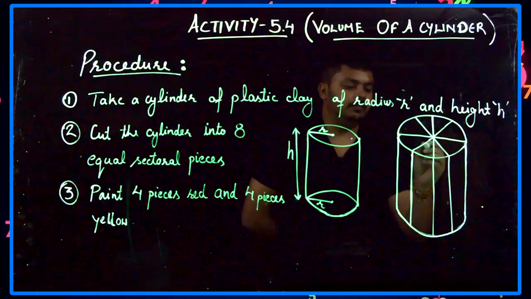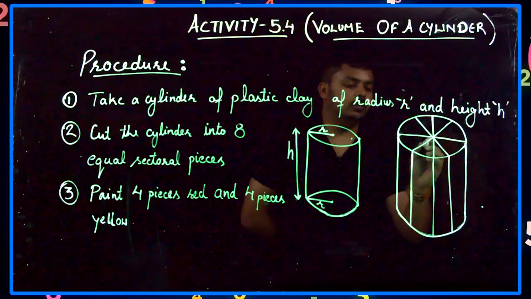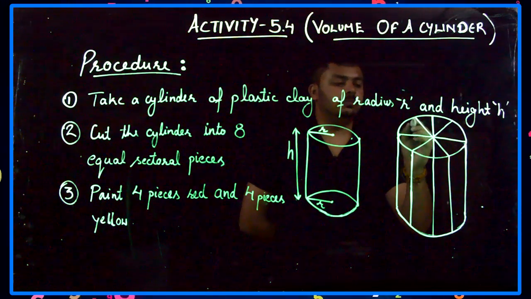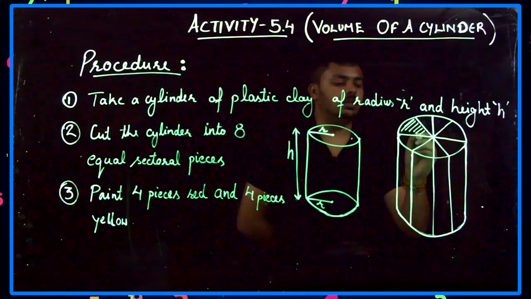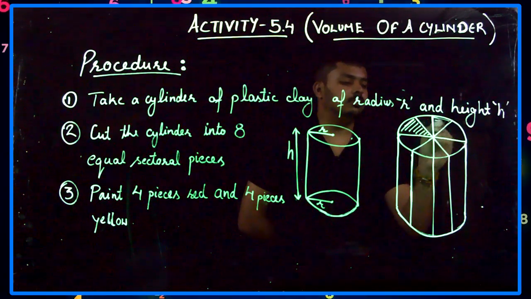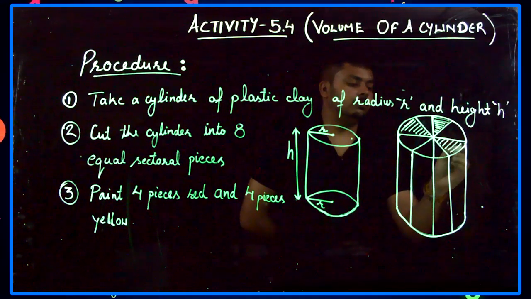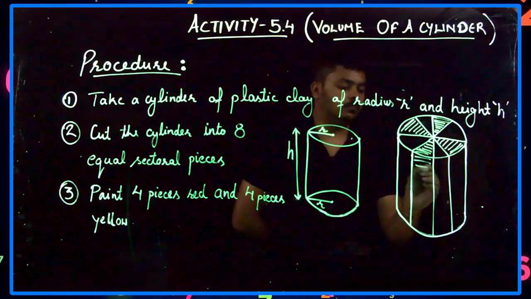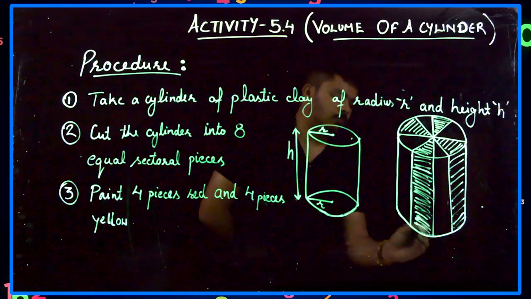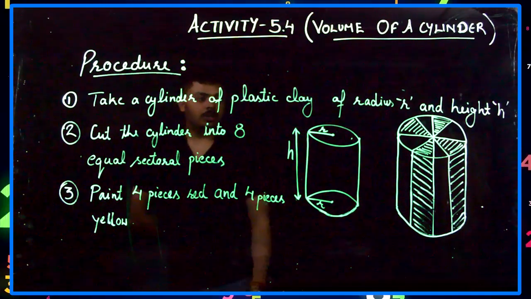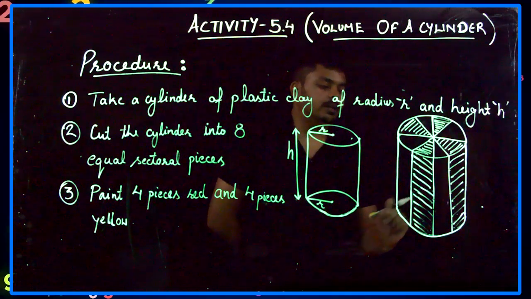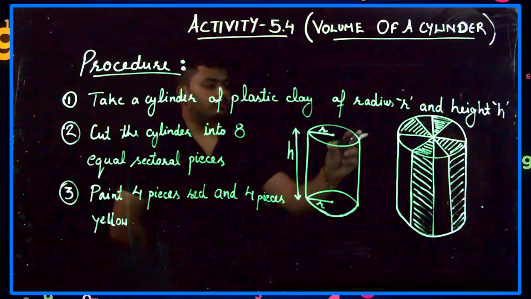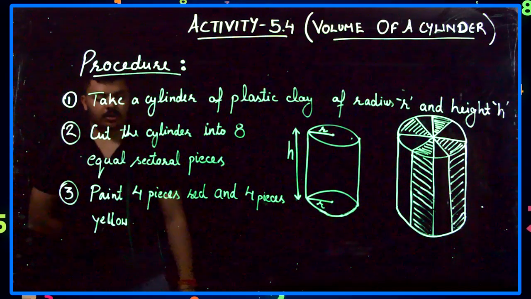Let's shade them. The red ones are the shaded ones and yellow ones are the unshaded ones. In this way we have shaded sectors of red color and unshaded sectors of yellow color.